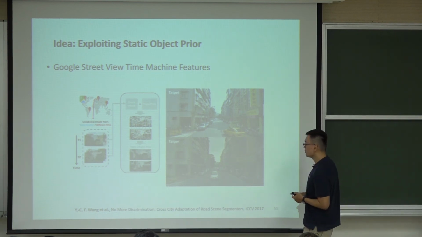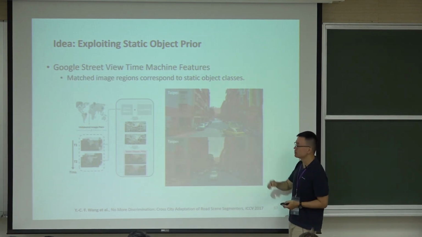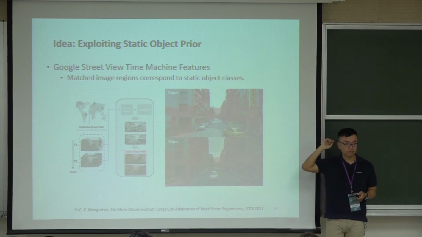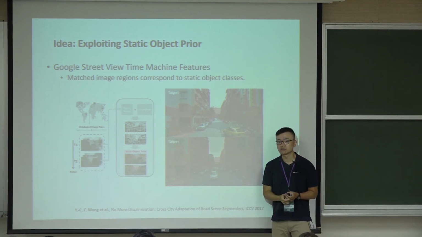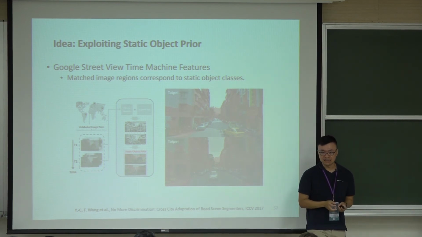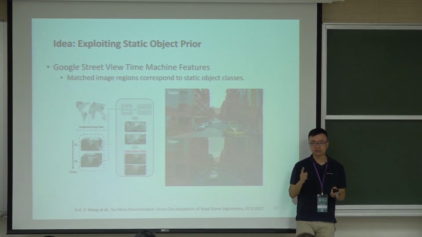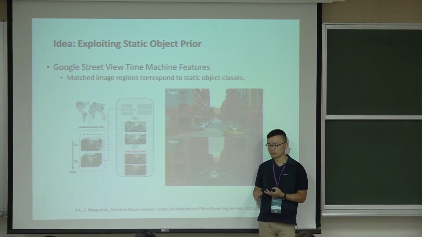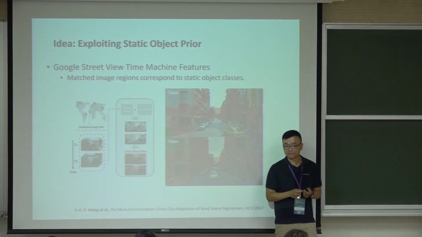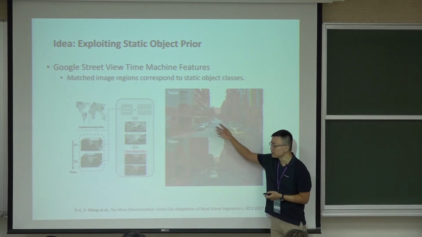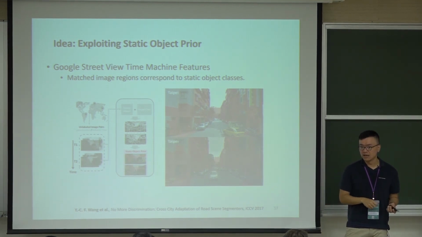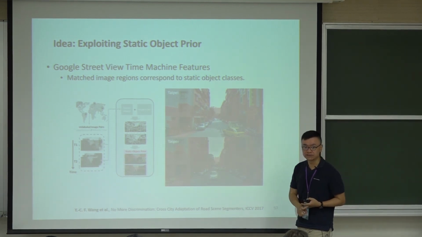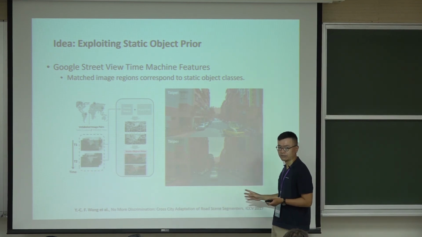Well, because they are from the same place, we can do simple image matching. For the matching areas, they probably correspond to static objects, like buildings, roads, and signs, those kinds of things. For non-matching areas, they probably correspond to moving objects, like cars, pedestrians, something like that, right?